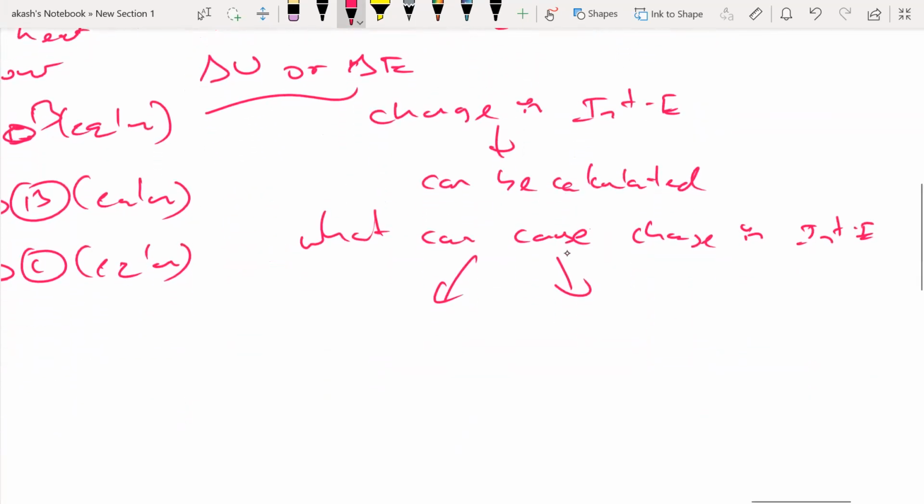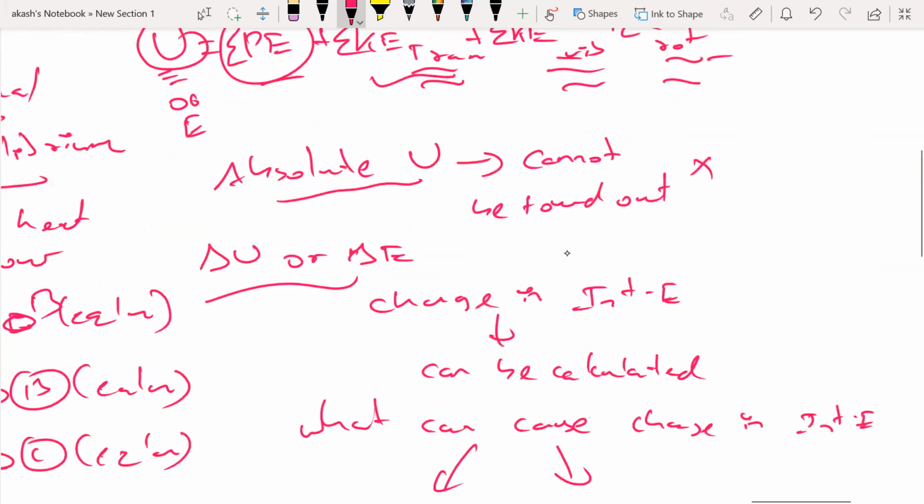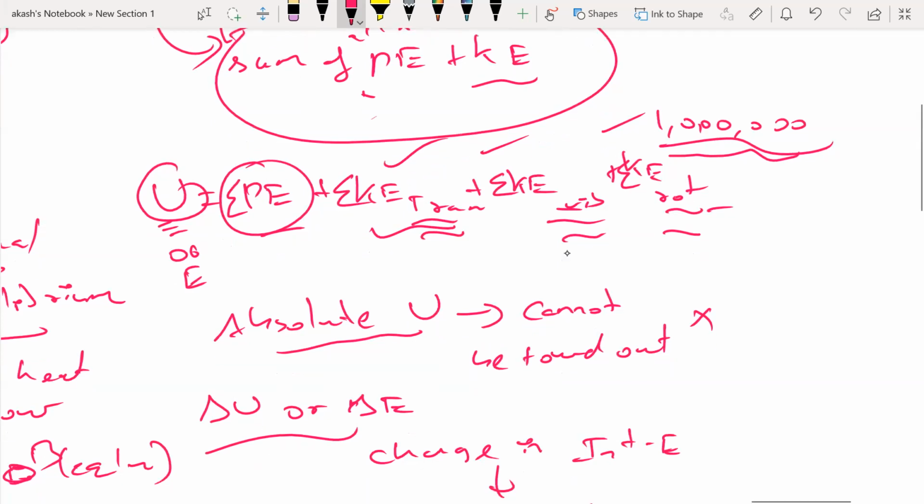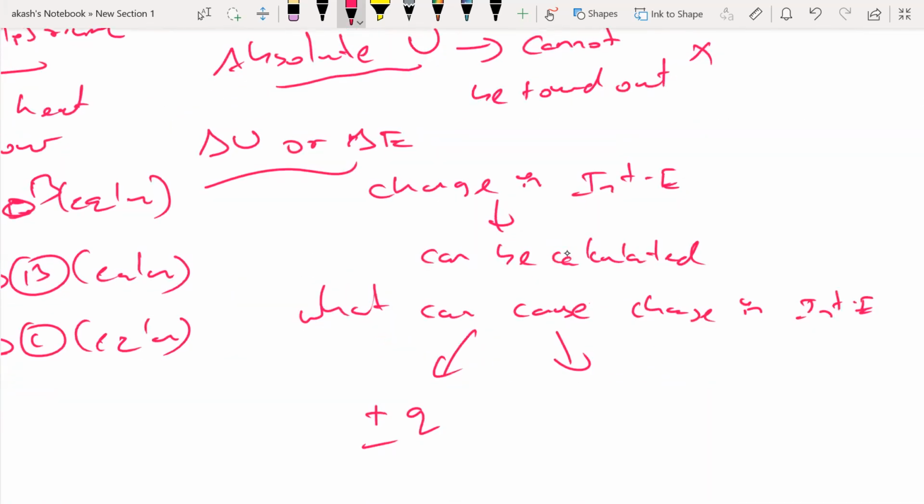One, if you give some heat to the system, or if the system loses heat. Obviously, what will happen? The heat will be absorbed and the kinetic energy values will change. The molecules will move faster, with faster vibration, faster rotation, faster translational motion, right? So one possibility is giving heat to or removing heat from the system.